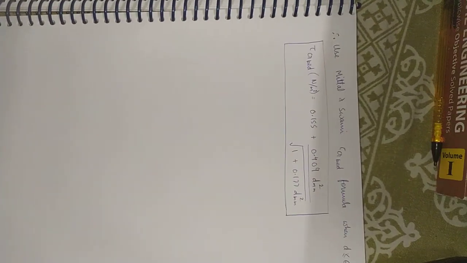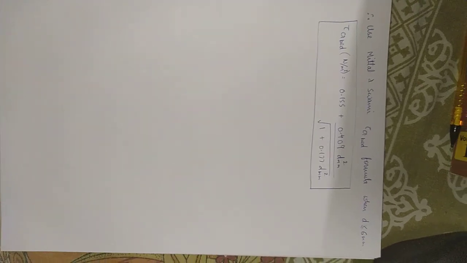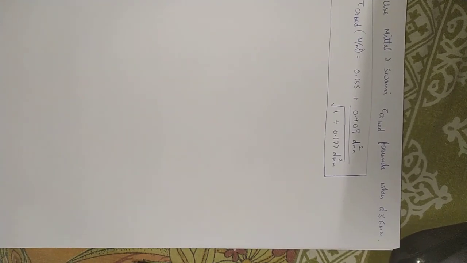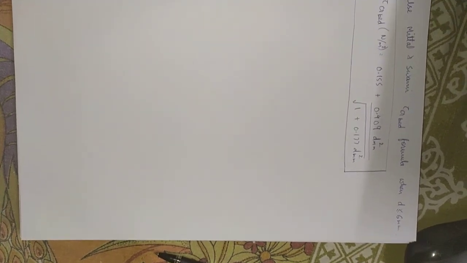So, tau critical for bed in SI unit is equal to 0.155 plus 0.409 D square divided by under root 1 plus 0.177 D square, where D is in mm. In all the previous formulas, everything was in SI unit, but here in Swami and Mittal's formula, the D is in mm. Okay, that's it.